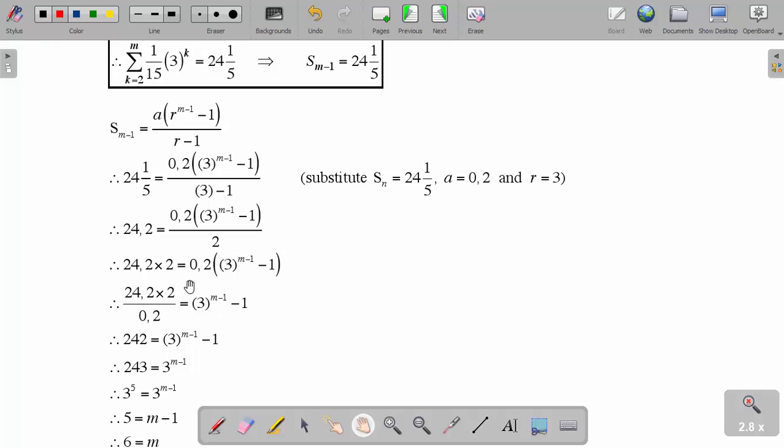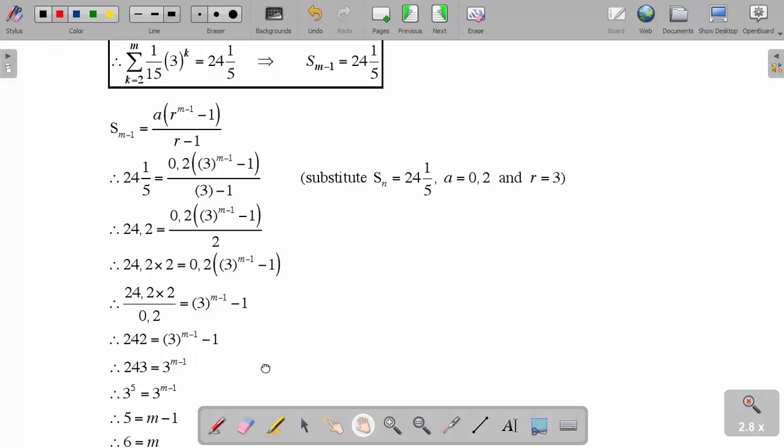Then I divide by 0,2, which gives 242. Now 242 equals 3 power m minus 1, minus 1 again. Now the minus 1 becomes positive to make it 243 equals 3 power m minus 1.